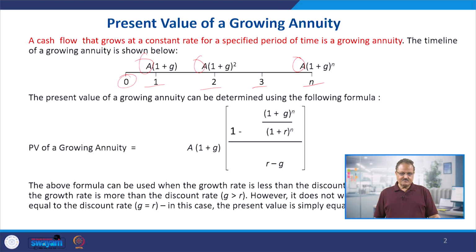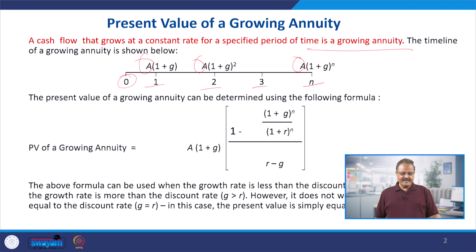But in this case, because the annuity is growing, a cash flow that grows at a constant rate for a specified period of time, it is called a growing annuity. The first year's cash flow is multiplied by a growth rate, the second year also, and the third, fourth and up to n years.